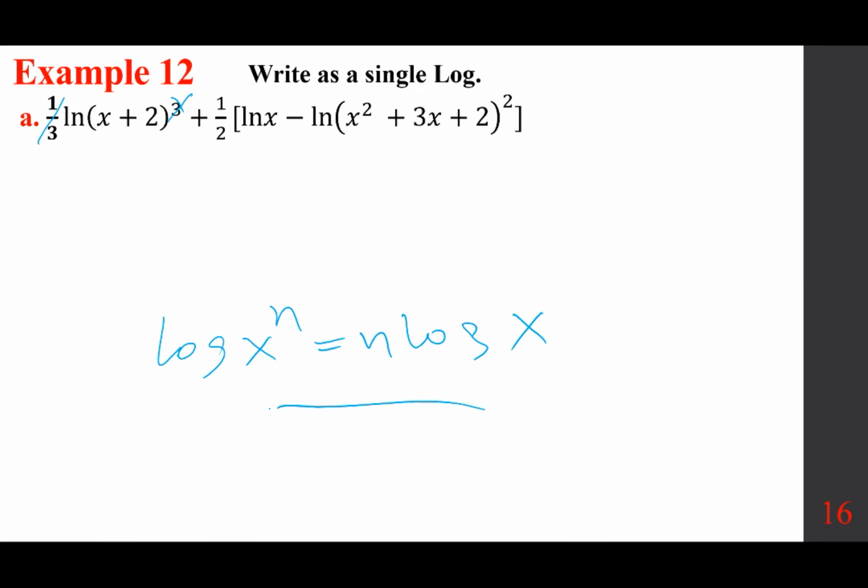So we are going this way. This is the general format. This 1/2, we're going to apply it to ln x. So if I cross this out, I can say half of ln x minus half of ln of (x squared plus 3x plus 2) quantity squared.